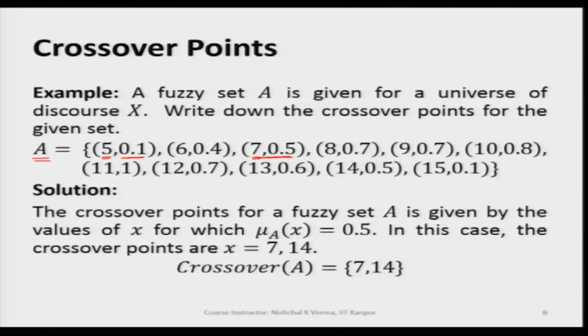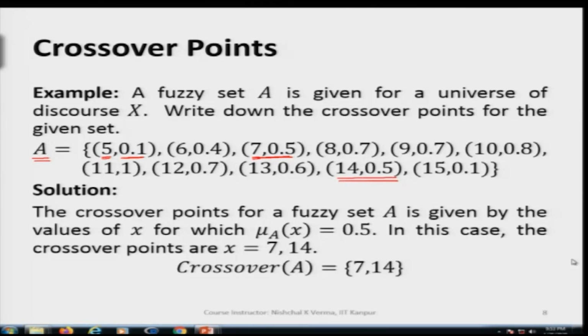Let us now look at some other value for which we have the membership value half. We see here 14 is another point for which the membership value is 0.5. So, this way we find 7 and 14, and their corresponding membership values are 0.5.